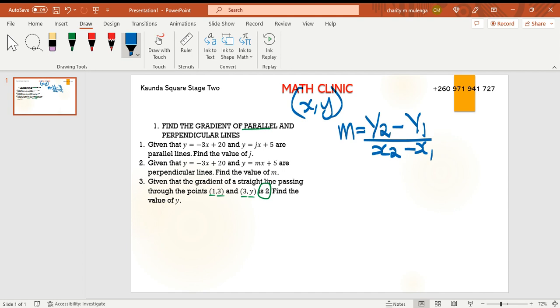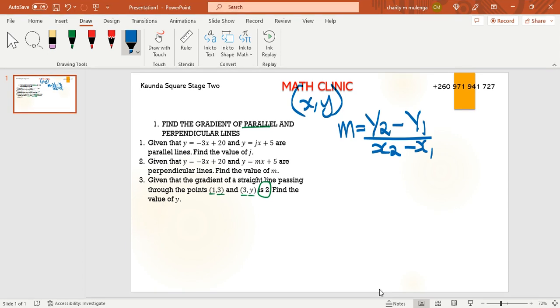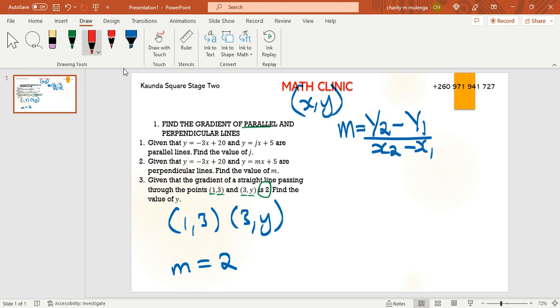Without further ado, let's identify the respective values. Okay, so for sure our gradient is 2. The question says given that the gradient of a straight line passing through (1, 3) and (3, y) is 2. So our gradient is 2. That's what our examiner is telling us. And that is our x1, that is our y1, that is our x2, that is our y2.